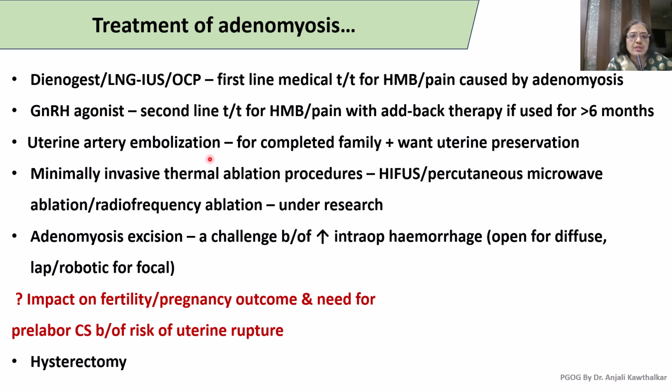Uterine artery embolization has been tried in women who have completed family but who want uterine preservation and are not willing for hysterectomy. These are the candidates for uterine artery embolization, which has been found to be effective according to some researchers.